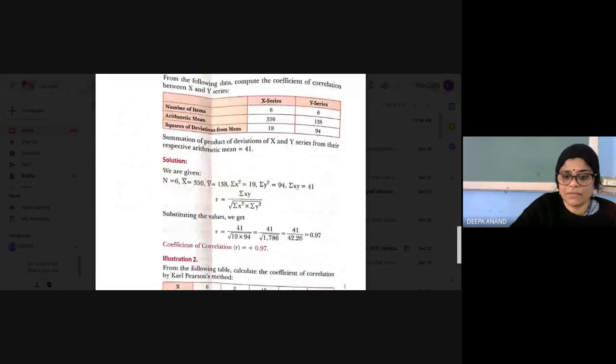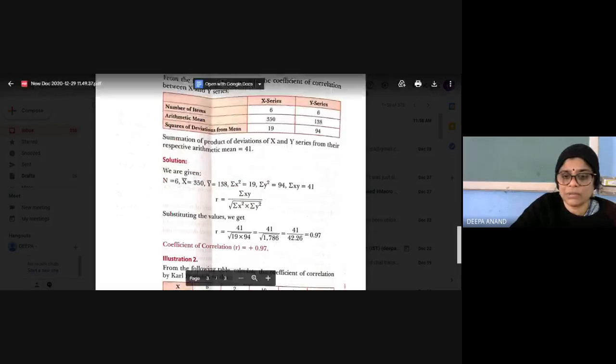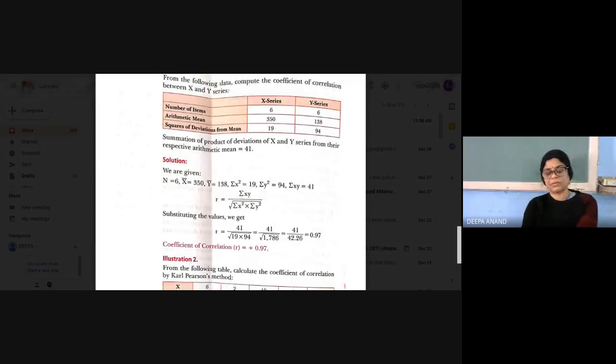R is equal to sigma xy upon root sigma x square into sigma y square. Then put the values inside, and you will get the answer.